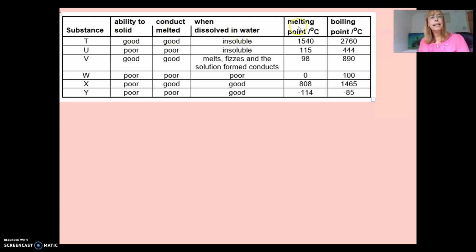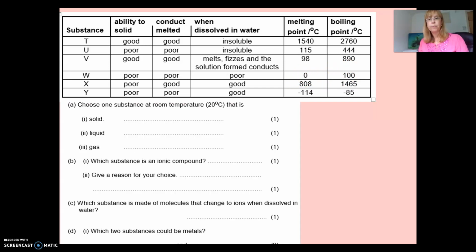It also gives me an indication of the melting and boiling point of the substance. I can straight away see that W is water because I know its melting and boiling point is 0 and 100. So here's a couple of questions which I'd like you to answer. Pause the video, have a go, and then start the video again and see if you got the right answers.